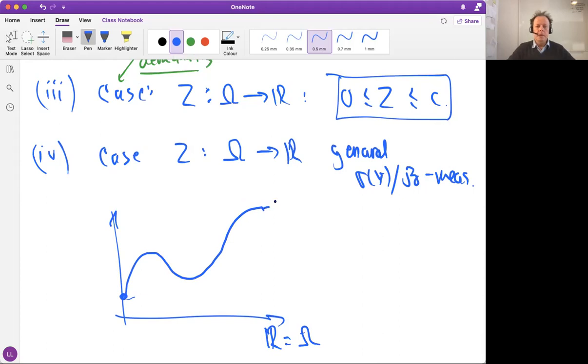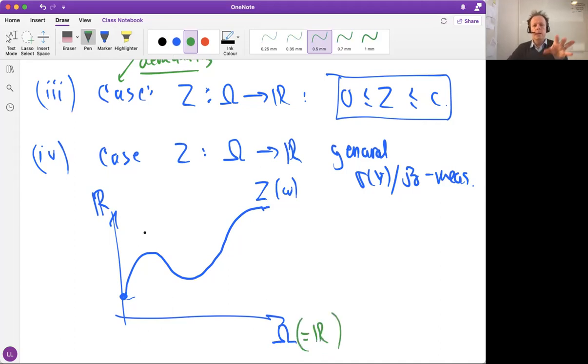And this is Z of omega, and this is the real line. And what's at the bottom is omega. So let's write omega there.